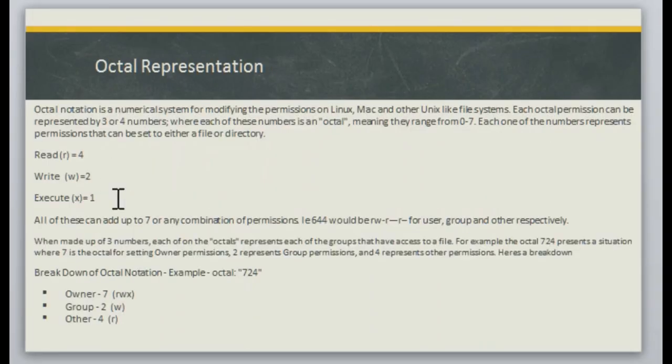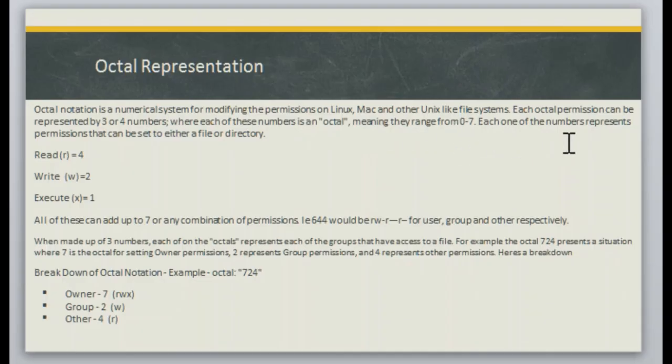So let's look at octal representation of these permissions. This is a little bit easier way to set permissions, especially if you're trying to do more than one group at a time. Octal notation is a numerical system for modifying the permissions on Linux, Mac, and other Unix-like file systems. Each octal permission can be represented by 3 or 4 numbers, where each of these numbers is an octal, meaning they range from 0 to 7.